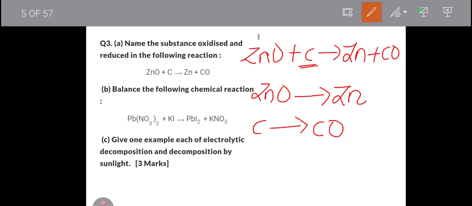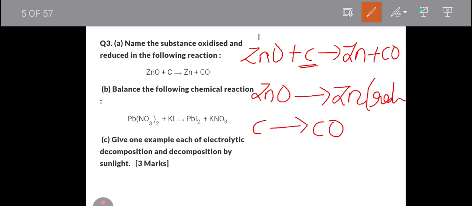So here you can see zinc oxide has changed to zinc. How has it changed? It lost its oxygen, right? So once a reaction is taking place which involves the removal of oxygen, we can call that reaction a reduction reaction, right?